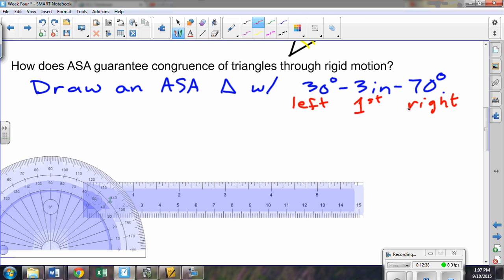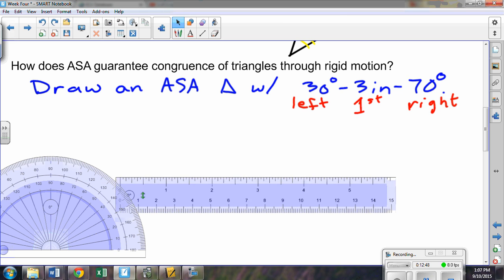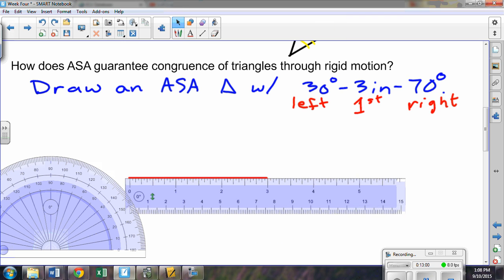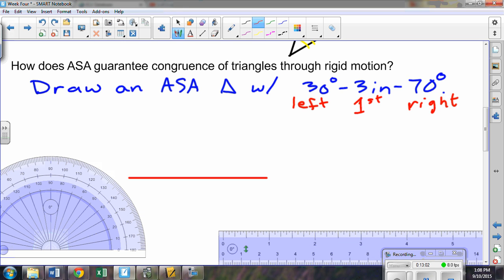Of course, this isn't the only way to draw it, but it's a very easy way to make sure that you get it done. So to start off, here is my 3-inch side. 1, 2, 3. Okay, and I can drag that down. And this is 3 inches.